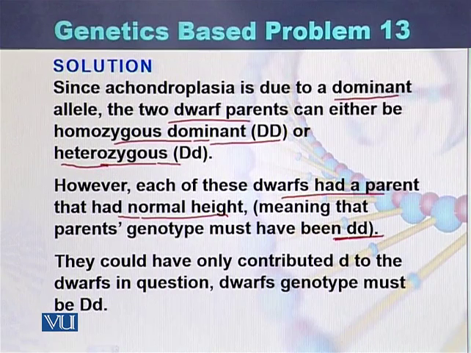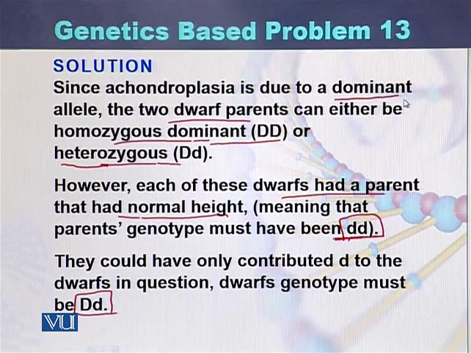Because one of the parents is of normal height, whether father or mother, that parent has both recessive alleles. So we can conclude that these individuals, the male and the female, are not homozygous; they are heterozygous.